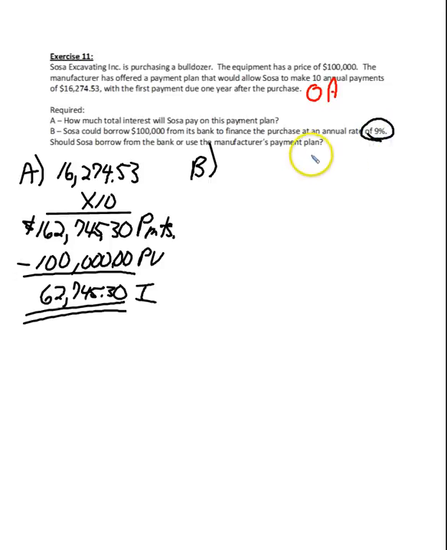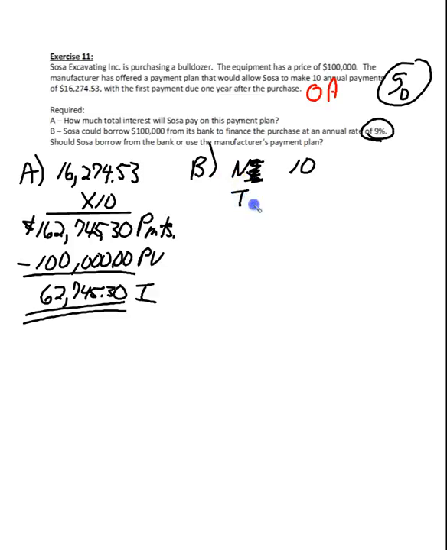So now we're having to decide which is better, go to the bank and borrow or use the manufacturer. What we don't know with the manufacturer actually is what's the interest rate built in to this scheme. So let's go to our calculator. With the manufacturer, N is going to be 10.